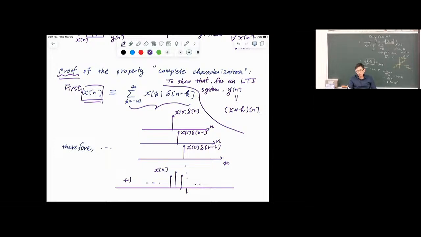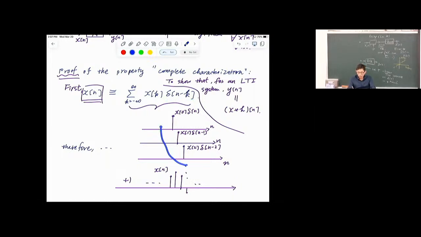So I'm trying to convince you that indeed for any signal, we can express it as a sum of delta impulses. Or you can see that we can express any signal as the convolution of the signal itself with the delta function.